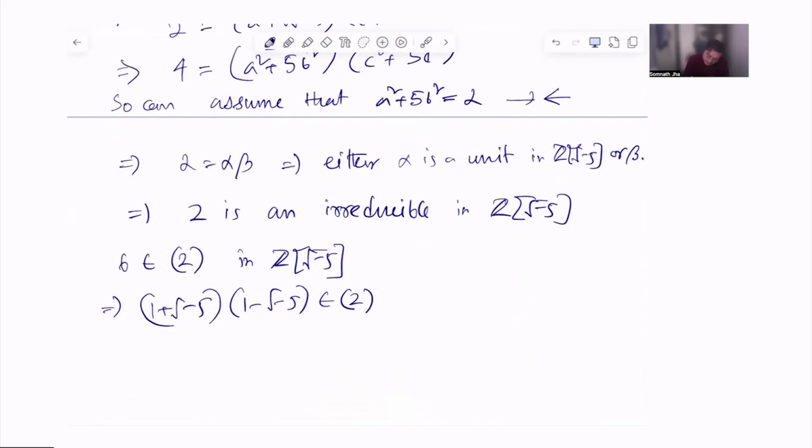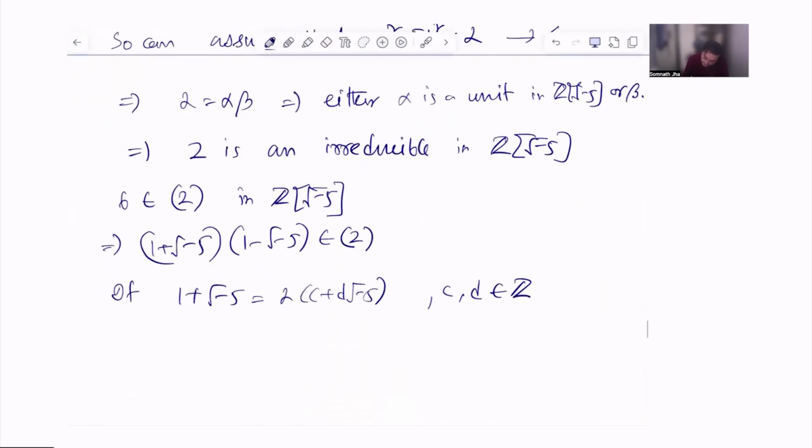Right? But if 1 plus root minus 5 equals 2 into c plus d root minus 5, let c, d belong to Z, then you get 2c equal to 1 by equating both sides, which is a contradiction. c equals half, it's a contradiction.